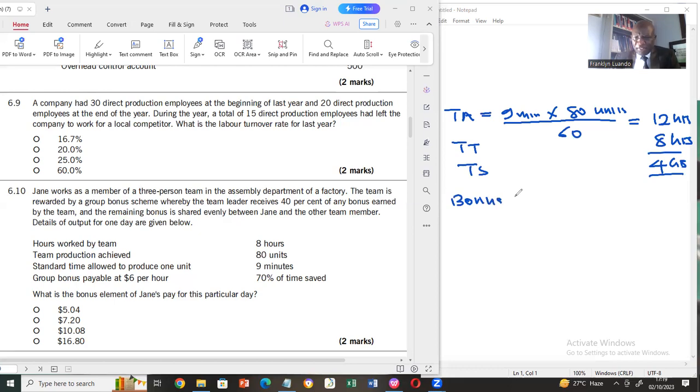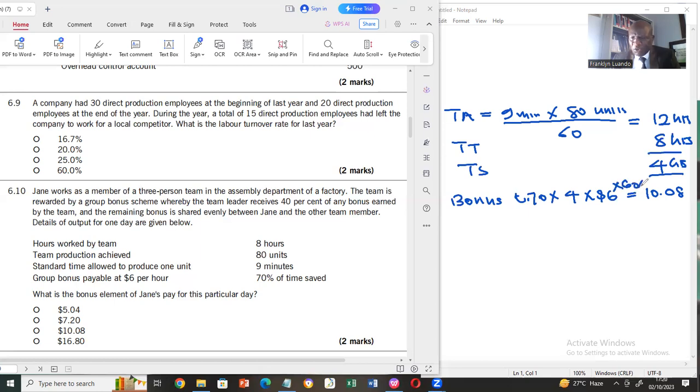Group bonus is equal to 70% of time saved multiplied by 6. This will be 16.80. Then we multiply by 60% here because they are sharing 60%.